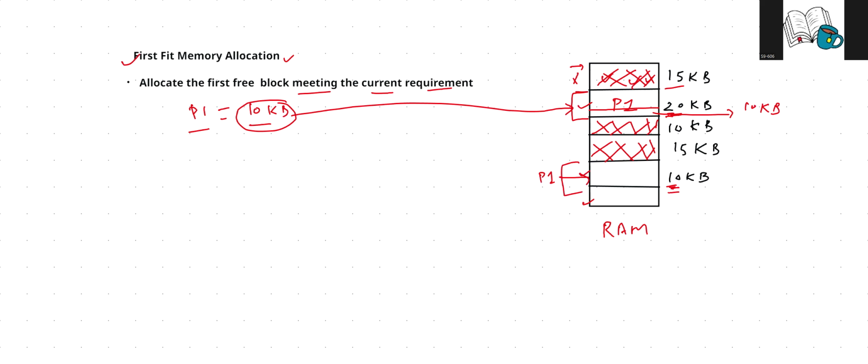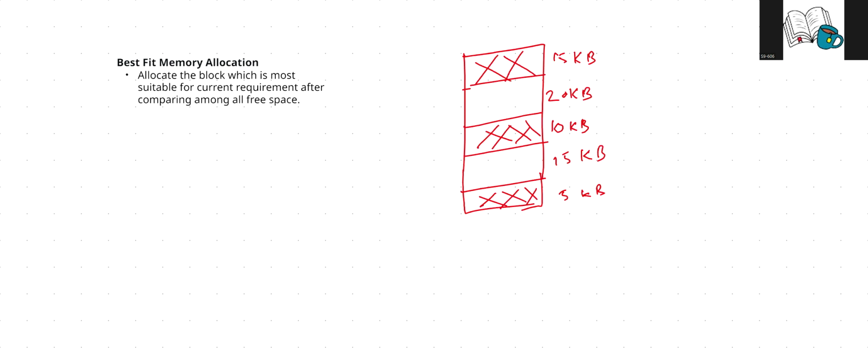But because we are using first fit, any block which the operating system comes across as empty will be allocated to that process, no matter how much memory is wasted by doing that allocation. So this is how first fit memory allocation works.